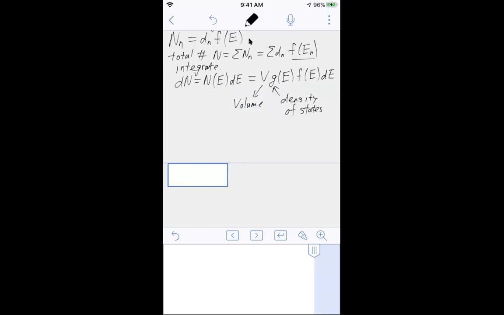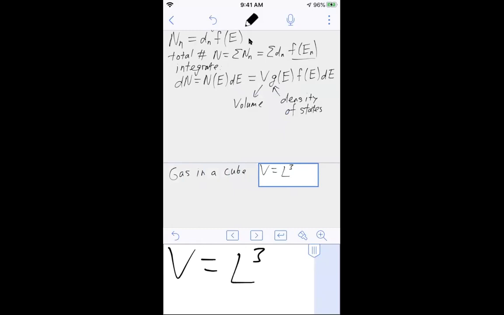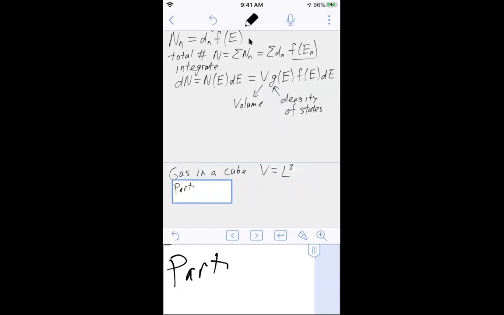Okay, to make our lives easy, we'll put our gas in a cubic box, so our volume would be equal to some length cubed. Then we're going to have a wave function for a particle in a 3D box.